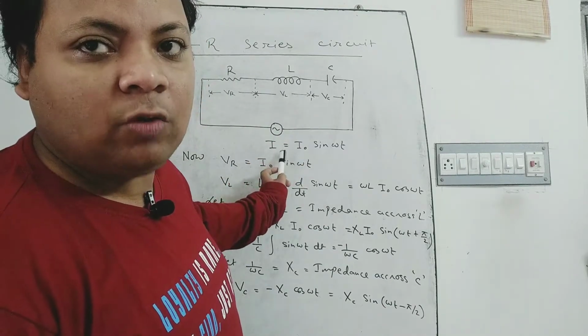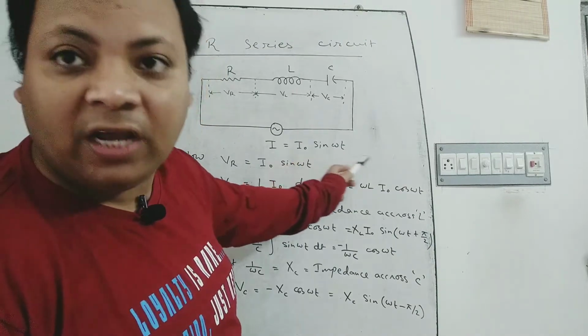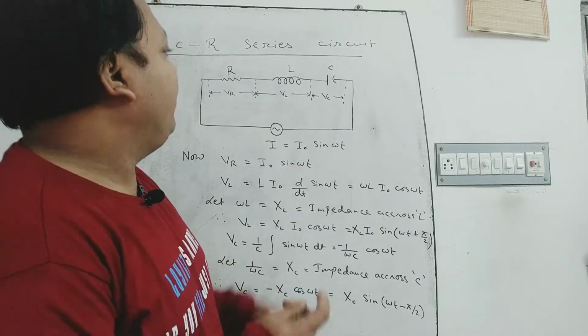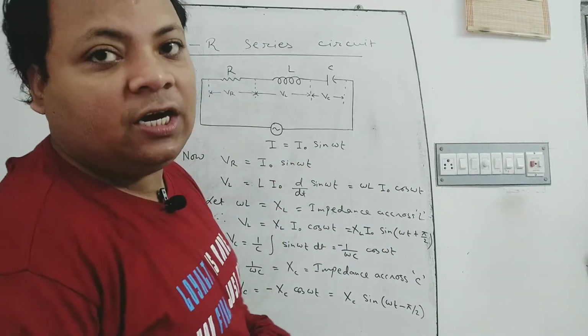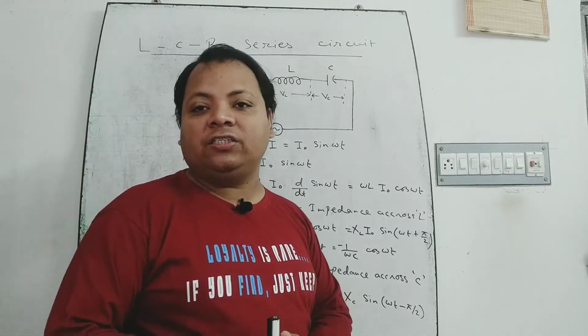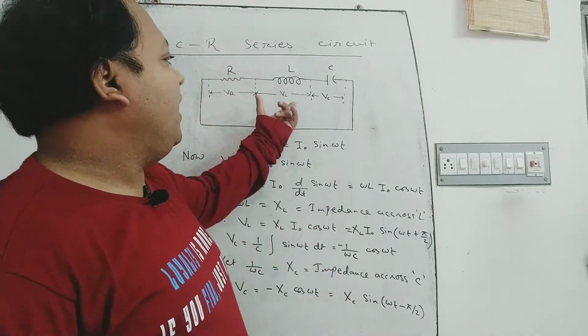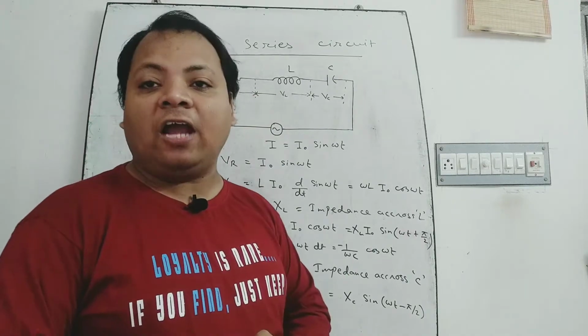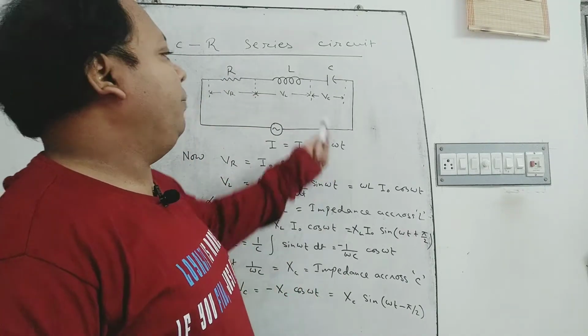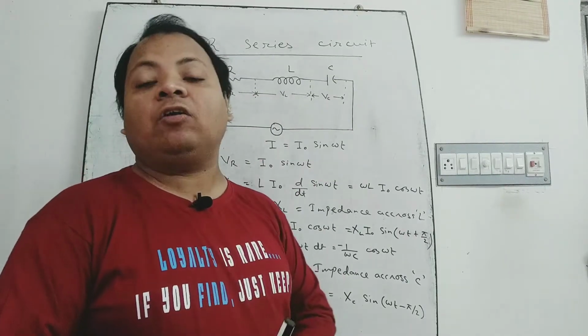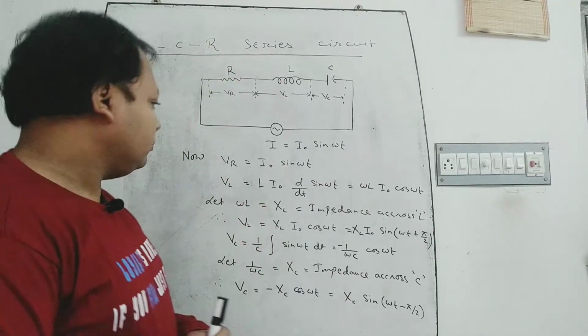I = I0 sin ωt is the equation of alternating current. VR is the potential difference across R, VL is the potential difference across inductor L, and VC is the potential difference across capacitor C.